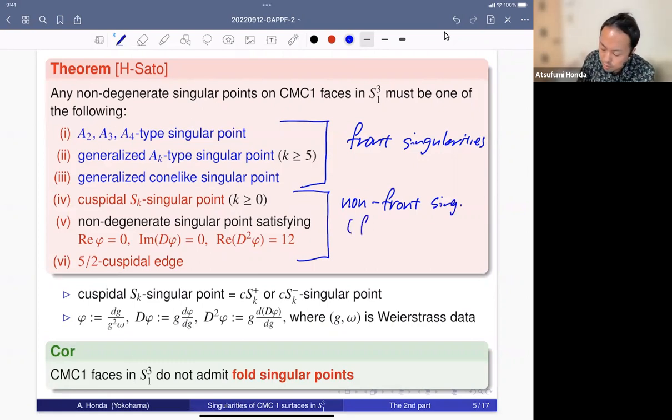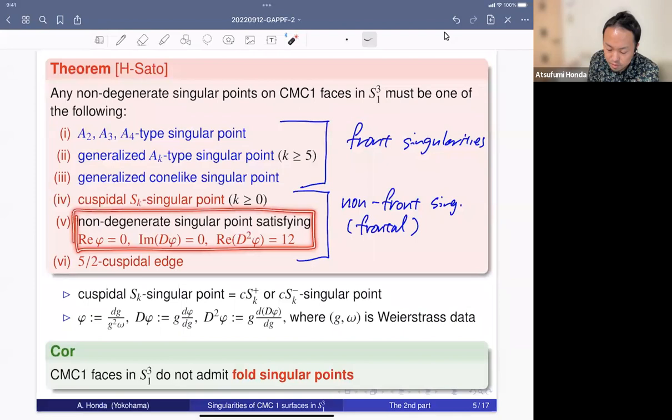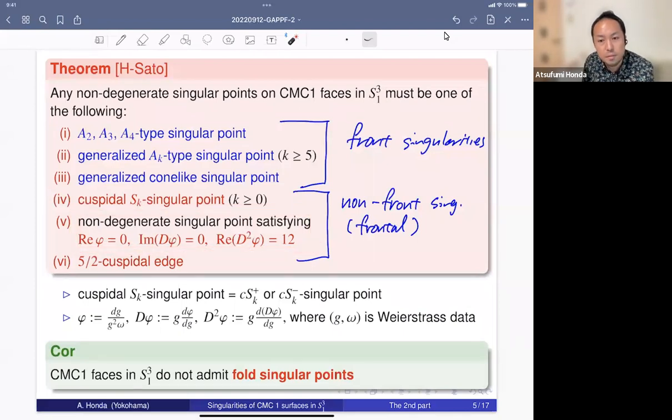It's about frontals, frontal singularities. I will explain precise definitions of each singular point later, but this class 5 singular point is defined by Weierstrass data. I will explain this also later.